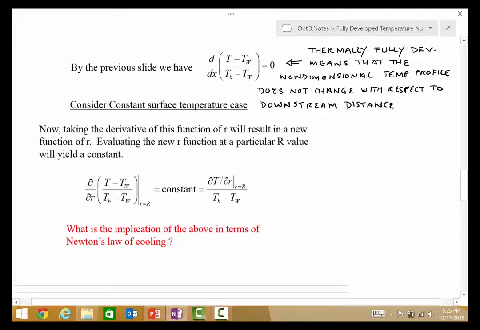And it's non-dimensionalized in a particular way, and that is in terms of the bulk temperature.